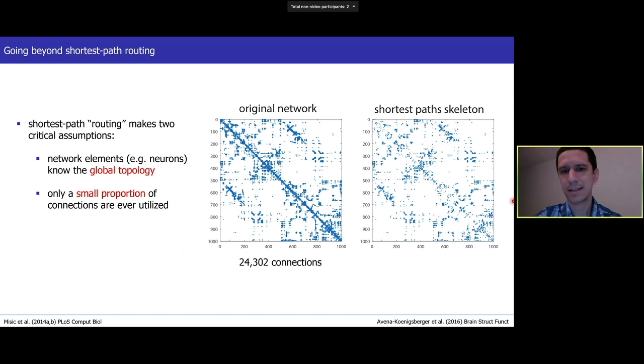What you can see is in the original network, we go from about 24,000 connections to only about 6,000 connections in this shortest path skeleton. What this means is that if we assume shortest path routing, we're saying that only about a quarter of the total infrastructure is actually being used at any given time, and the rest is really just vestigial.